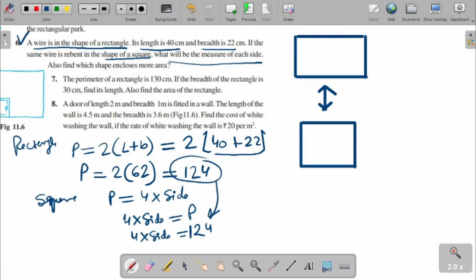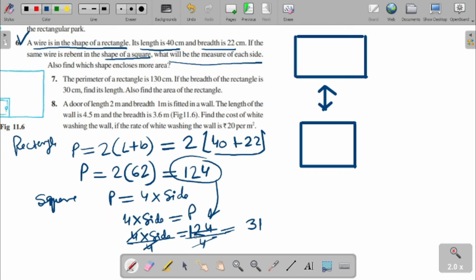After this step we divide both sides by 4. This 4 gets cancelled. We cancel this also. 4 threes are 12, 4 ones are 4. The side of the square is 31. This is the first part.